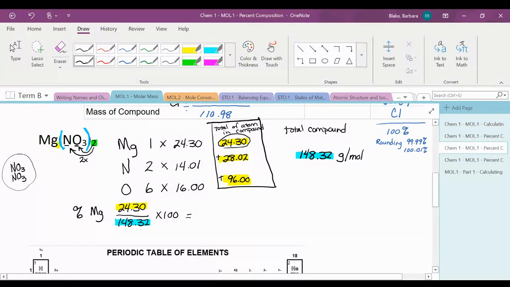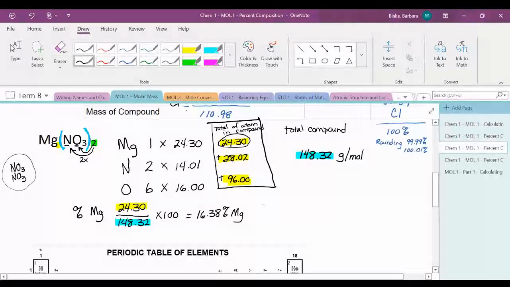So in my calculator, 24.30 divided by 148.32 times 100, and I'm going to end up with 16.38% magnesium in this compound.